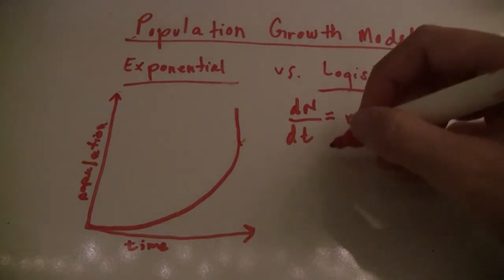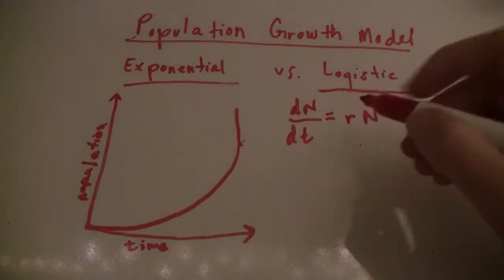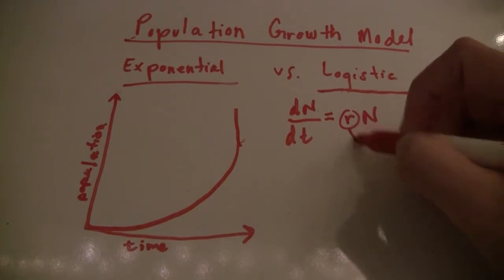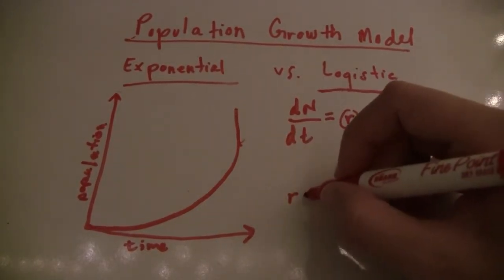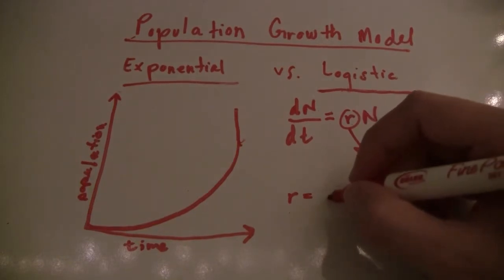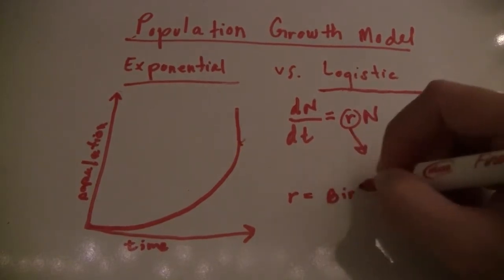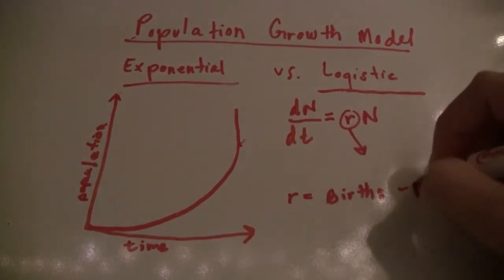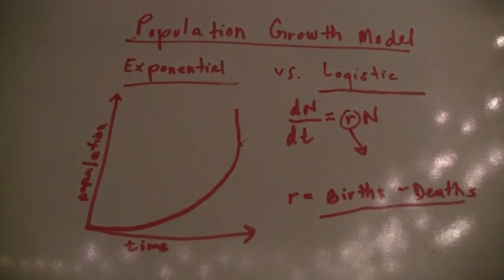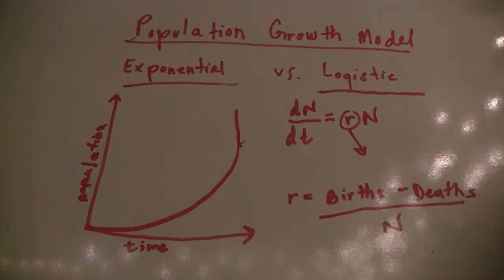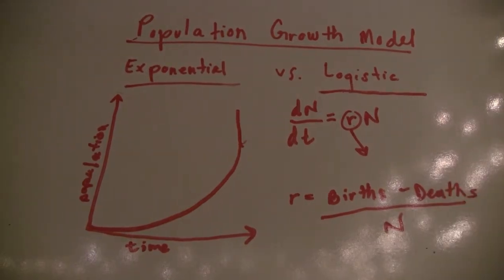We can look at an example in which r is used, in another equation. The growth rate r is equal to the number of births minus deaths, divided by N, which, as we said before, is the population size.